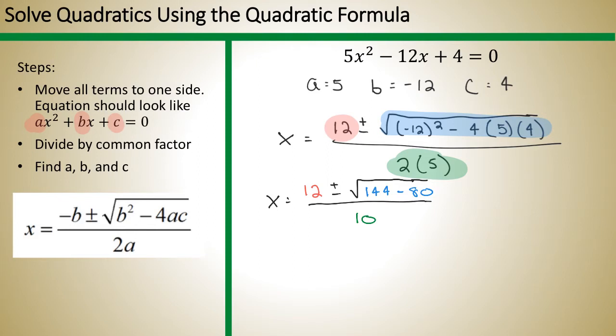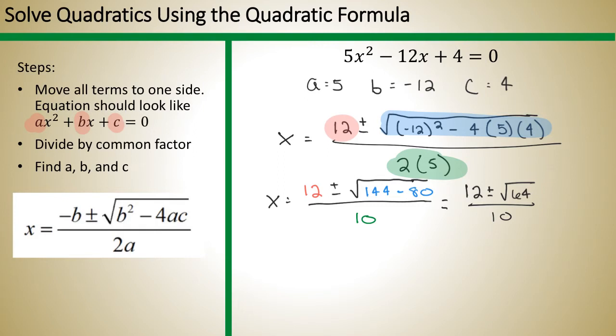So let's simplify that a little bit more. Let's simplify the inside of our radical. So we have 12 plus or minus root 64 over 10.